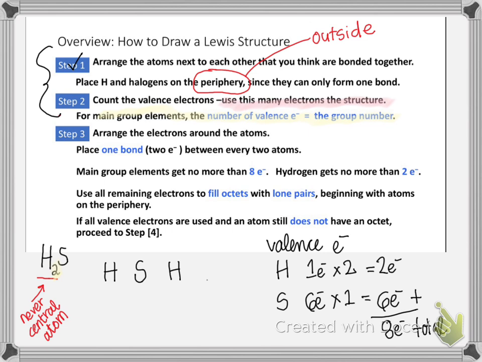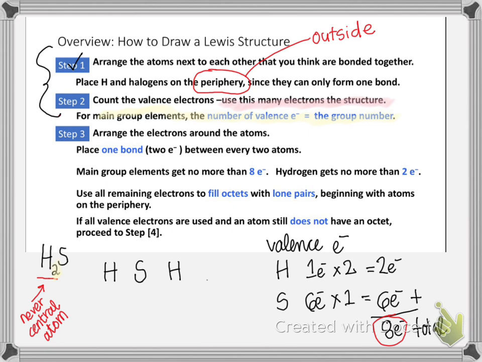Now this is what step 2 is asking us to do. And I always call it the magic number because we have to use 8 electrons. It can't be more, it can't be less for this Lewis structure to be correct.